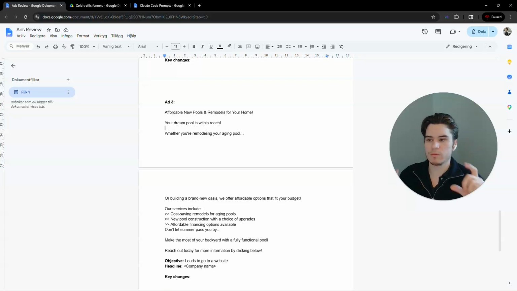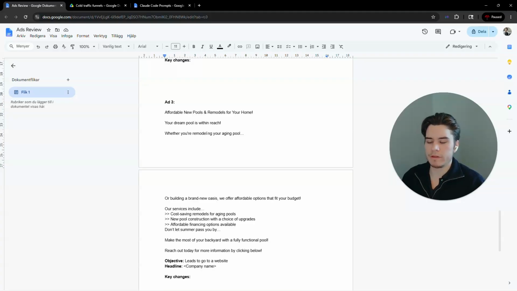Okay? So it should be one idea per ad. And the reason is because when you have more than one idea, people basically just get confused. You try to go broad, but when you go broad, you don't actually attract anyone because your message gets so generic and confusing, right?